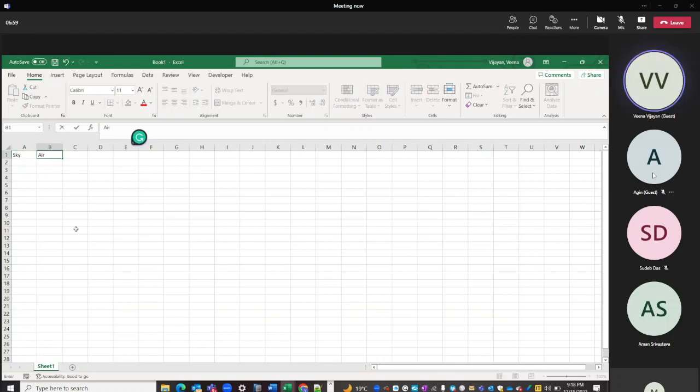Let's consider two cases. For sky, we have three values: cloudy, sunny, and rainy. And for air temperature, we have two values: normal and, I don't know, high. I will just put values.